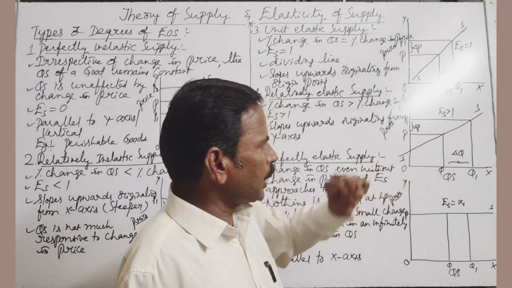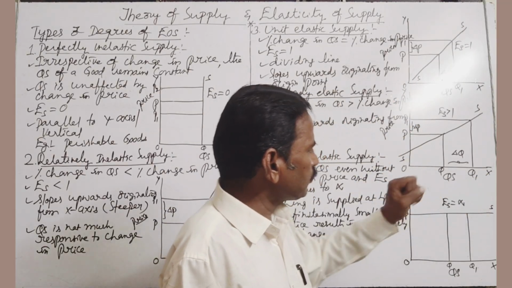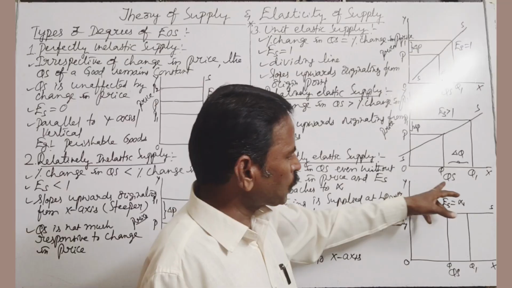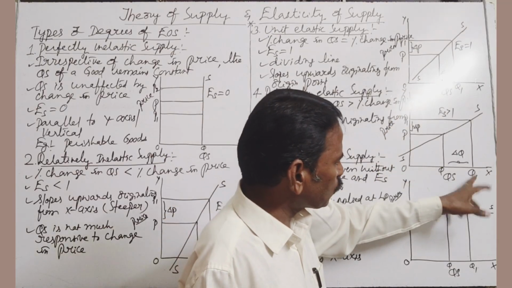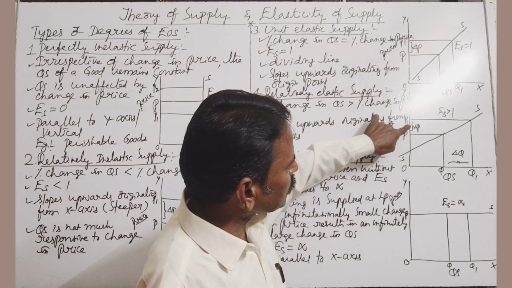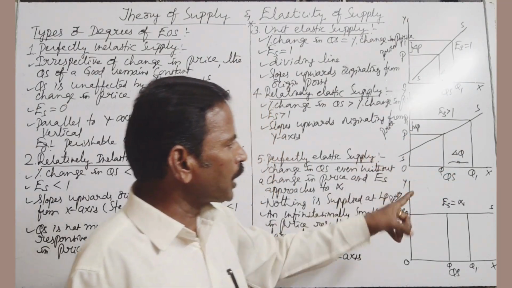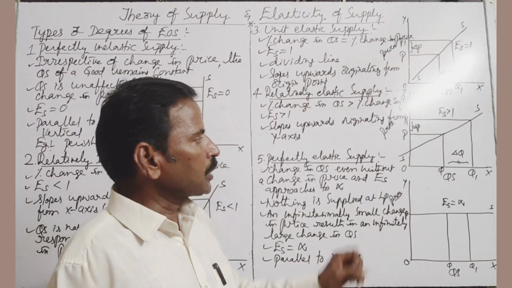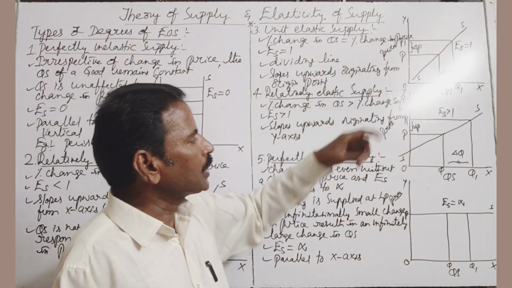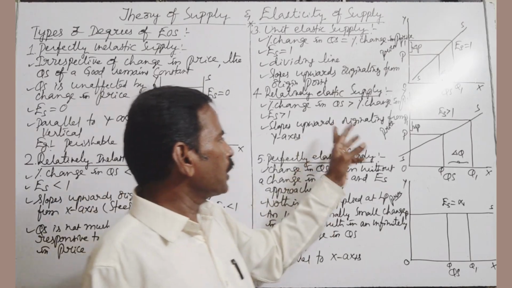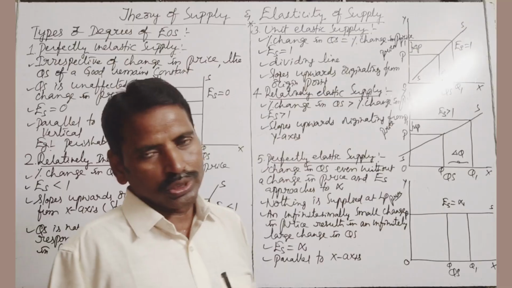If we observe the diagram, draw an L shape, mark YOX. OP price, OQ quantity, new price is OP1, new quantity is OQ1. Delta P is less, delta Q is more. That means delta Q is greater than delta P. That is called ES greater than 1, relatively elastic supply. The supply curve slopes upwards originating from the y-axis.